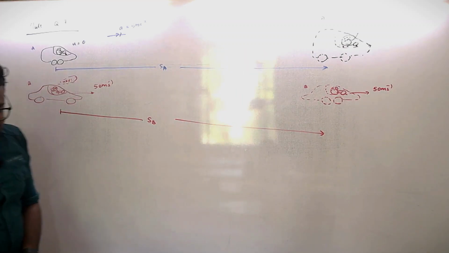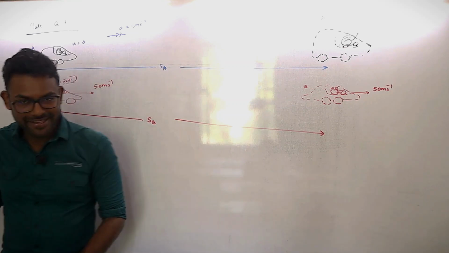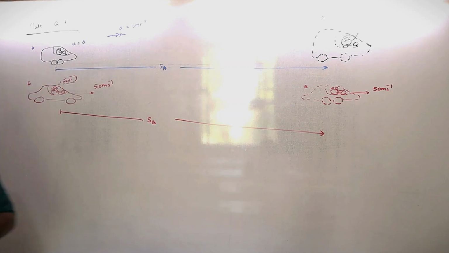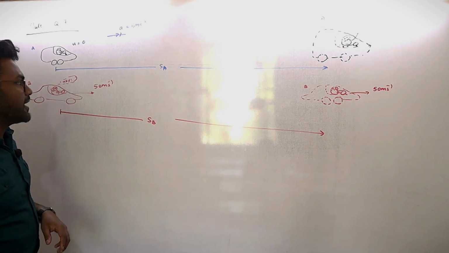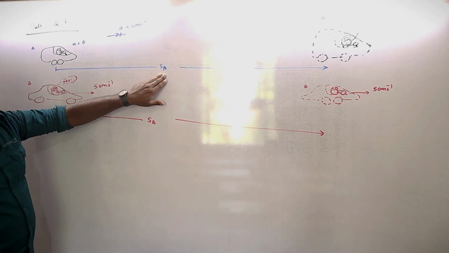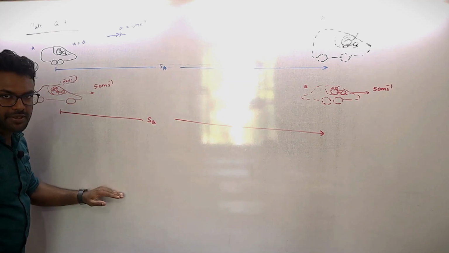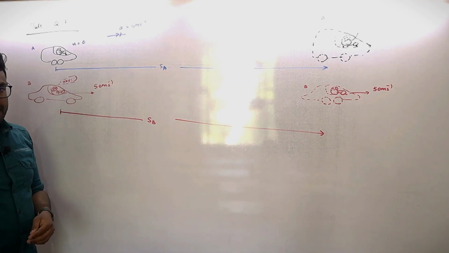So as we discussed last day, we can't apply the relative motion there, right? Relative motion is something else we can learn. You can't apply that here because one moves with the acceleration, the other one moves with the constant velocity. So all you need to do here is find the displacement of the A, find the displacement of the B, or maybe write two equations and make them equal.